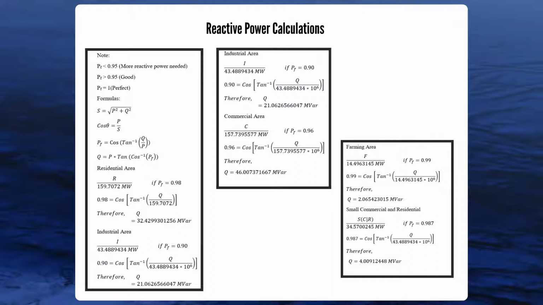The same procedure was repeated for the other sectors, whereas the industrial used a power factor of 0.9, the commercial 0.96, the small commercial/residential 0.987, and the farming community using 0.99 power factor.